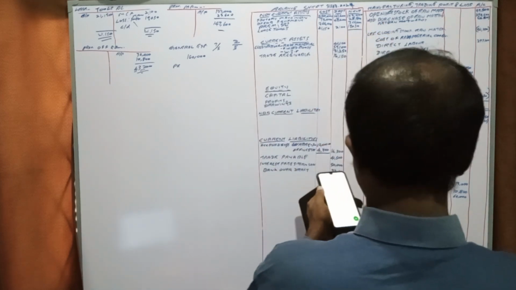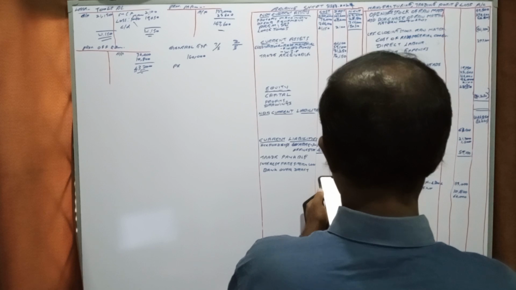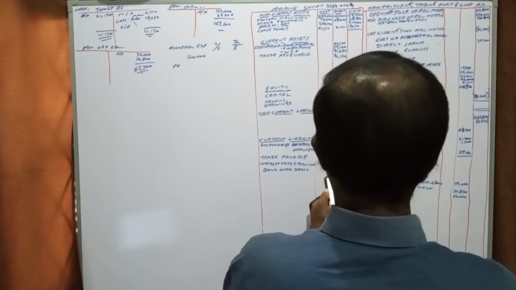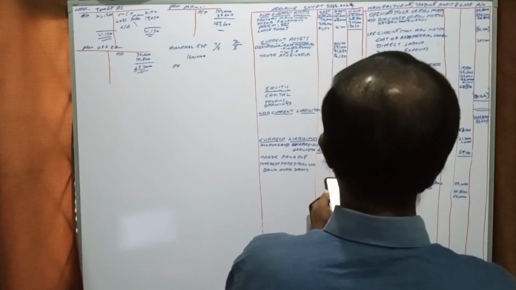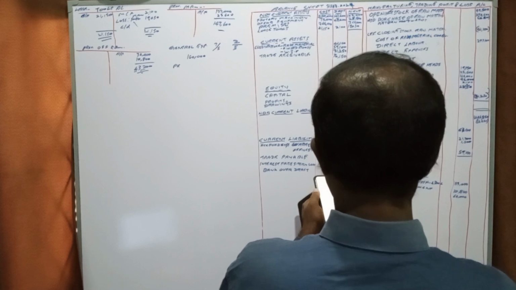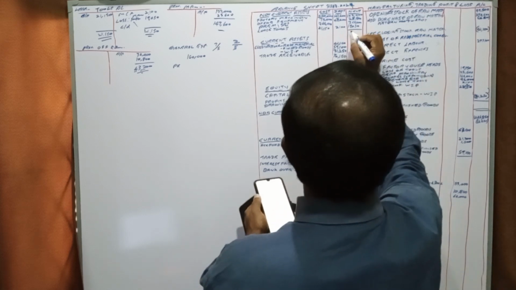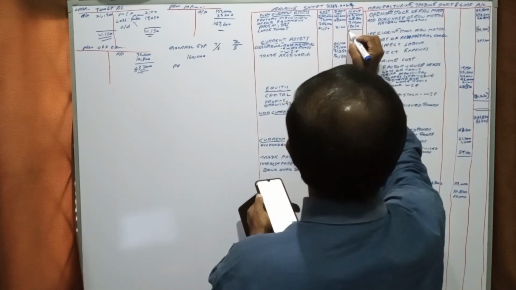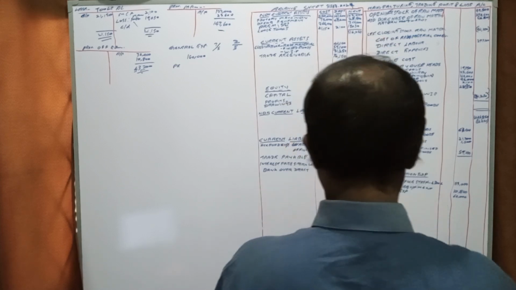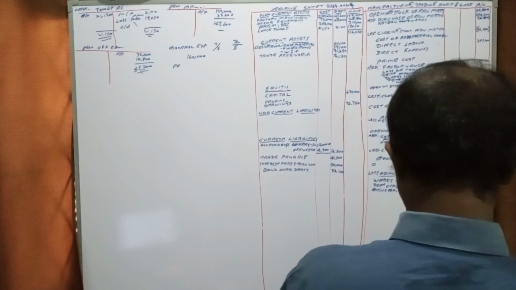If we add 102,400 plus 28,800 plus 366,000 plus 19,050, it is 516,250, right? Should be like that.